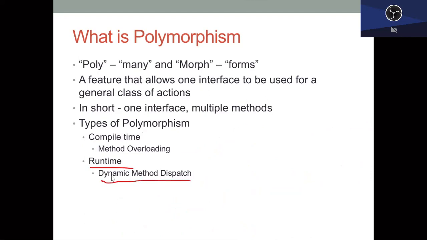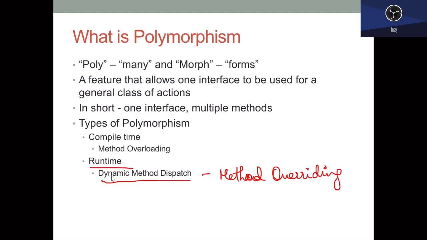This is what we are going to see today. Dynamic method dispatch is implemented through something which we have already discussed, method overriding.